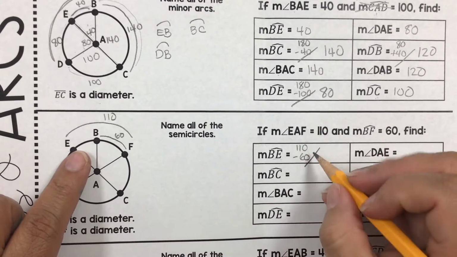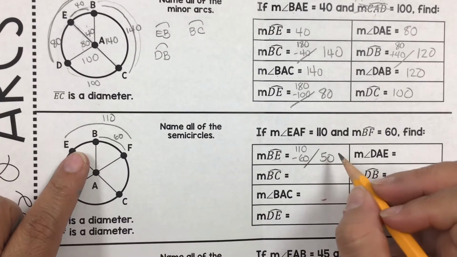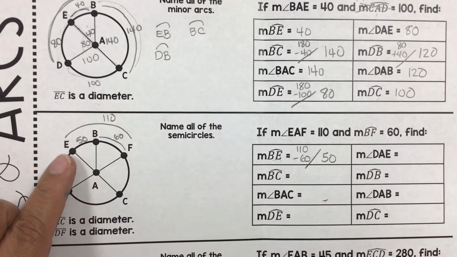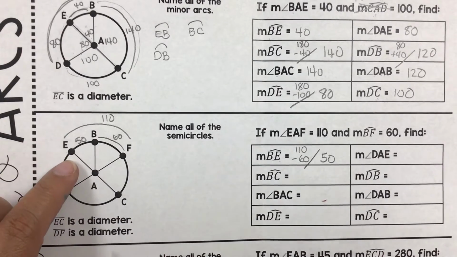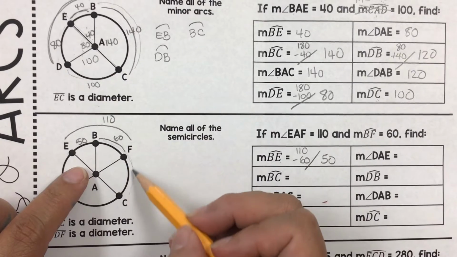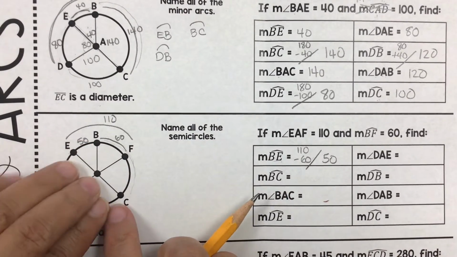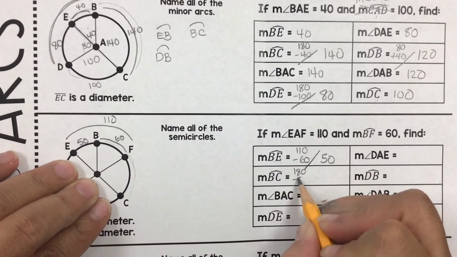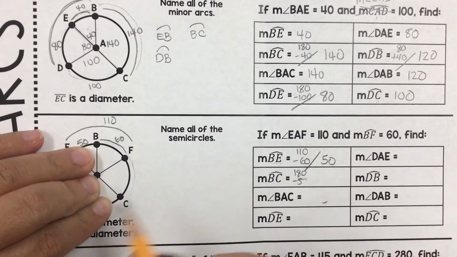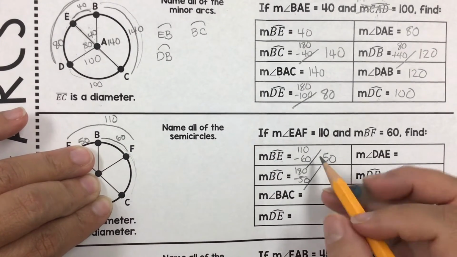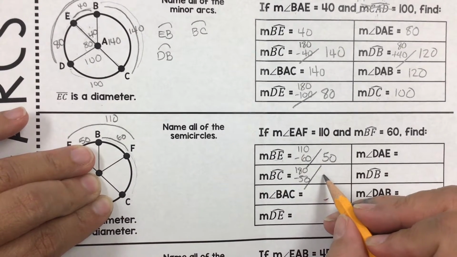That gives you 50 degrees. So that's 50 for the arc. BC is this right here. So what I can do is take 180 minus 50, and it gives me the arc BC, which is 130.